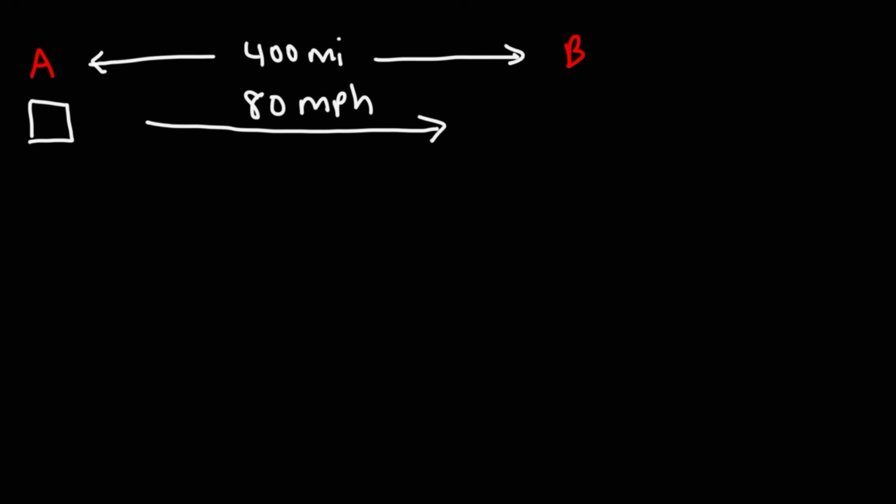Then once it reaches point B, it turns around and goes back to point A, but at a speed of 50 miles per hour. So it's going 80 miles per hour east and then 50 miles per hour west. And in both cases, it's traveling 400 miles in both directions. What is the average speed of the car for the entire trip?